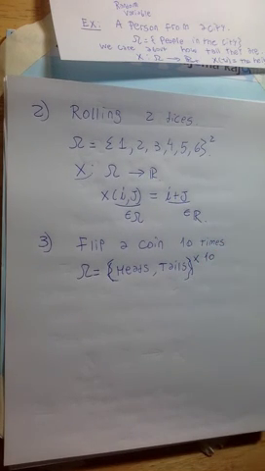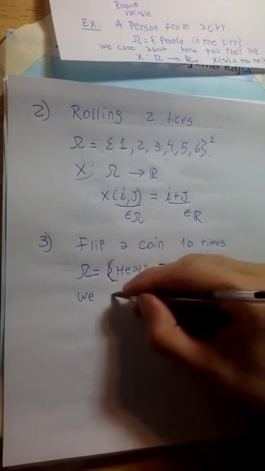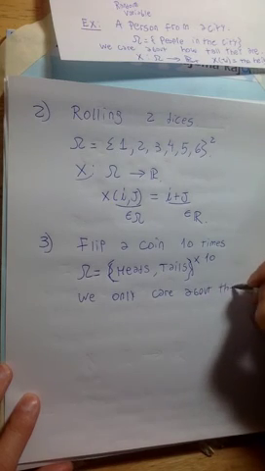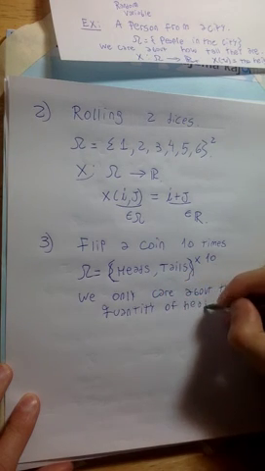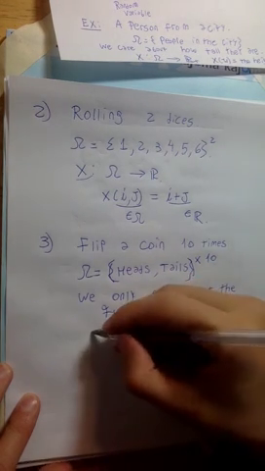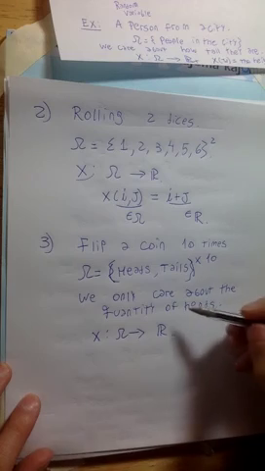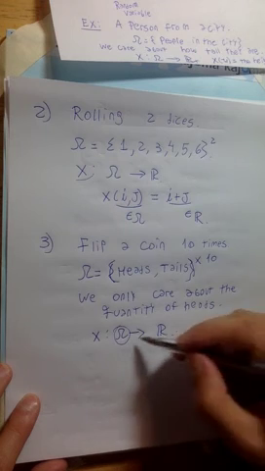But usually we don't actually care exactly if we have gotten heads in the first 3 draws and then tails afterwards, or these kinds of things. We don't quite care about the order, but we only care about the quantity of heads. Okay? So then we would have X, which is going from omega to R, which basically is just telling you the quantity of heads for some specific omega.